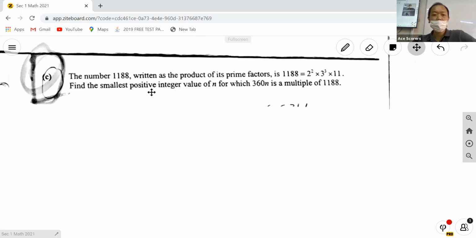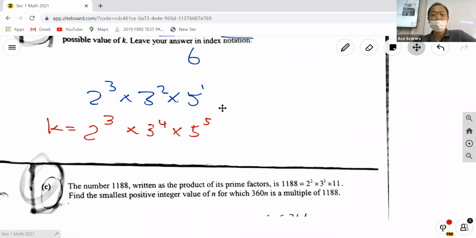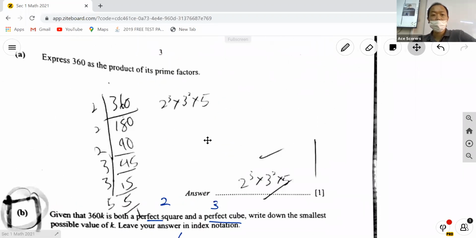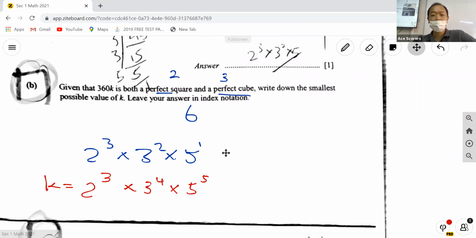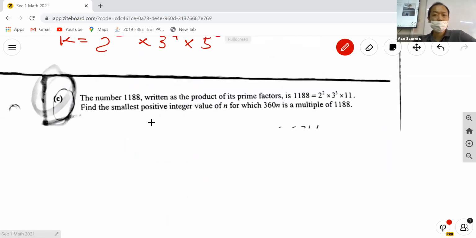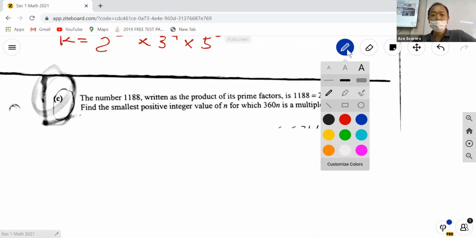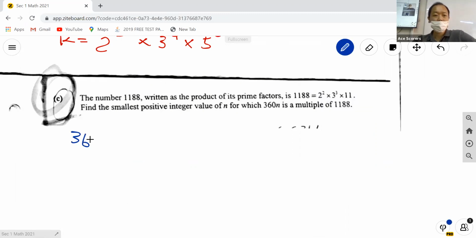Find the smallest positive integer n for which 360n is a multiple of 1188. So what is our 360 again? 360 equals 2 cubed times 3 squared times 5.